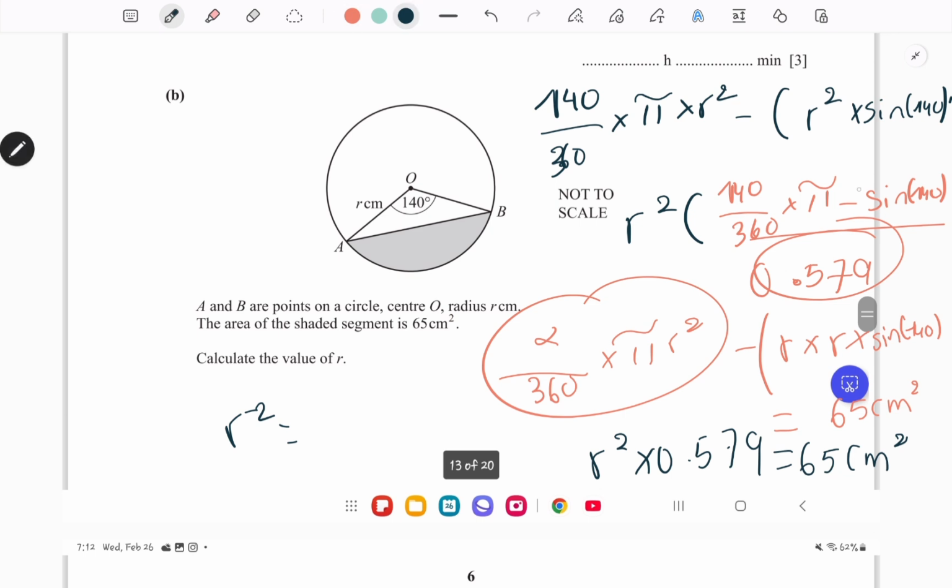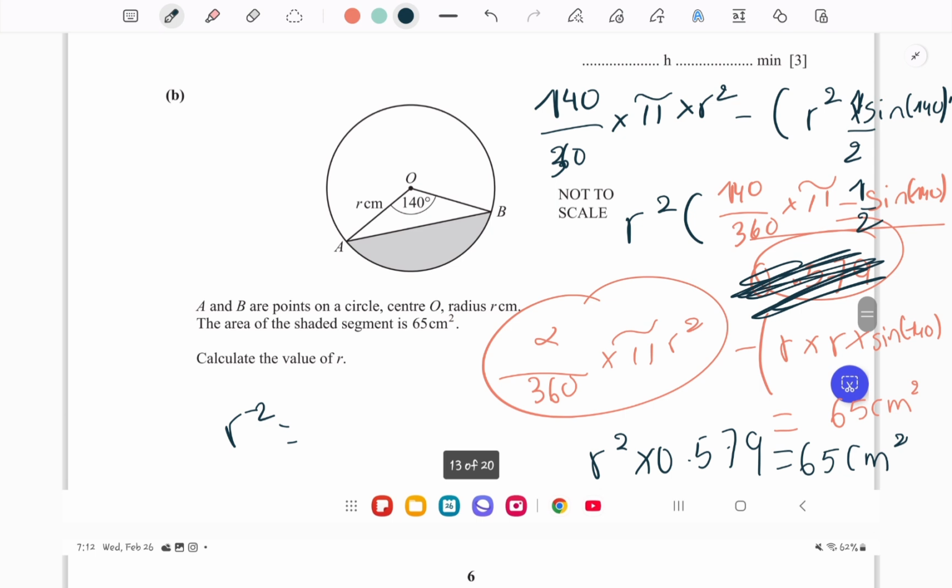So please don't forget that it is 1 over 2. So it's side times side times 1 over 2 sine the angle in between them. If I did not pay attention to this mistake, I would have continued. Good thing I paid attention. Alright, so it's going to be 140 over 360 times pi minus 1 over 2 times sine 140.